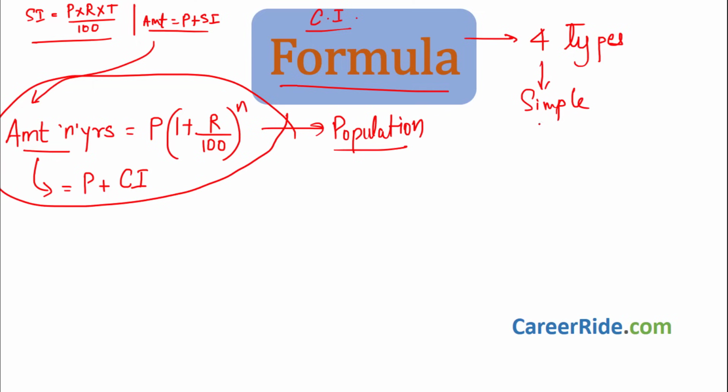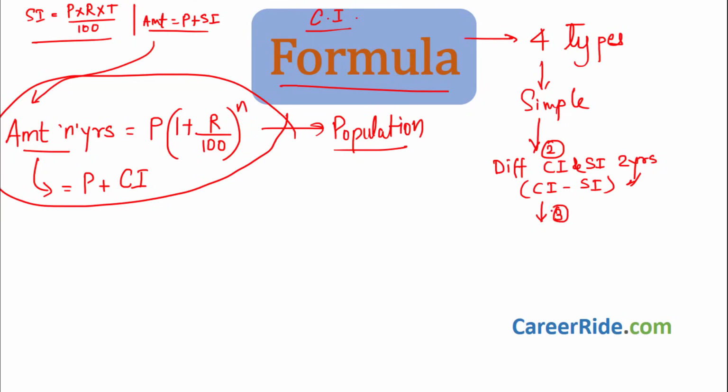For the second type, the difference between the compound interest and simple interest for 2 years is given, and we have to find out either the principal amount or the simple interest or something like that.